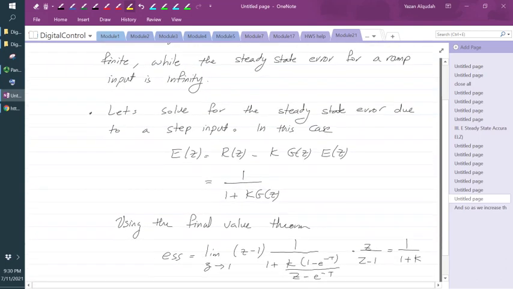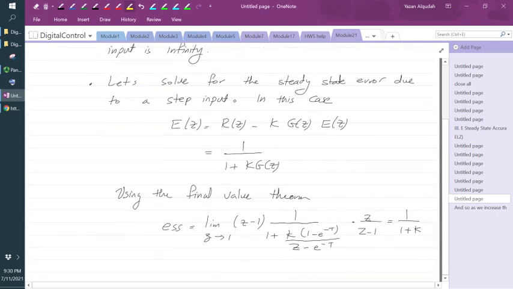So let's calculate the steady state error for a step input. In this case, E of z is equal to 1 over 1 plus K multiplied by g of z, multiplied by z over z minus 1. Using the final value theorem, the limit as z goes to 1 of z minus 1 multiplied by 1 over 1 plus K g of z, multiplied by z over z minus 1, is going to equal 1 over 1 plus K g of 1.